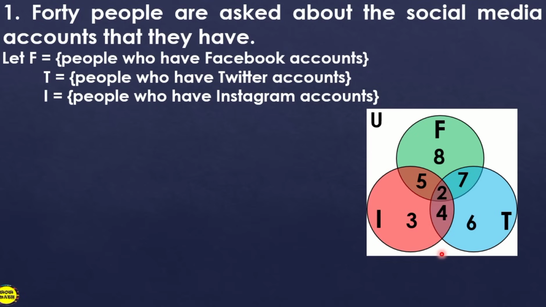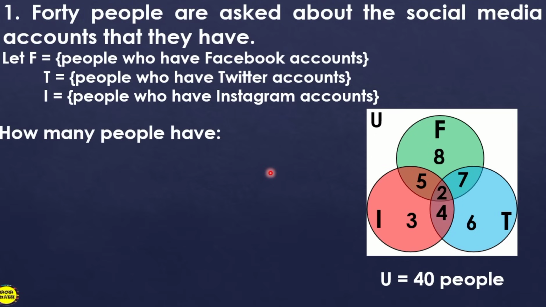Since hindi binigay sa problem kung tigi-ilan, ibibigay po nila ito sa Venn diagram. Take note that our universal set o yung kabuuan is 40. 40 yung bilang ng tao na tinanong sa ating survey. Let us answer the following questions.